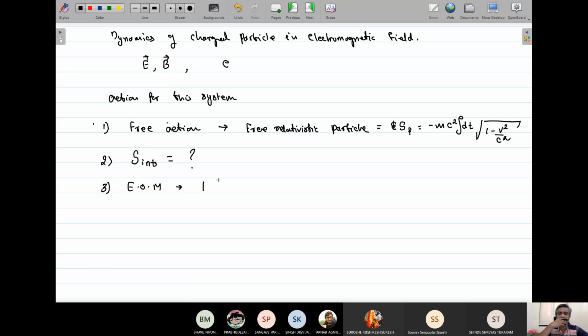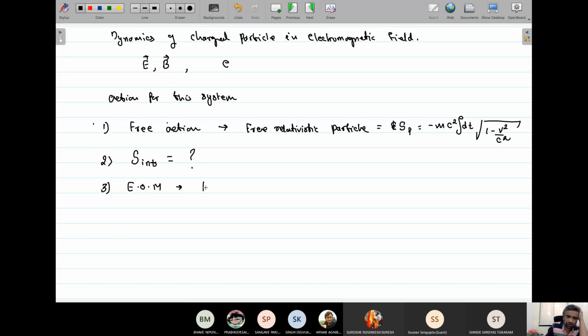What law does it satisfy? The Lorentz force law.